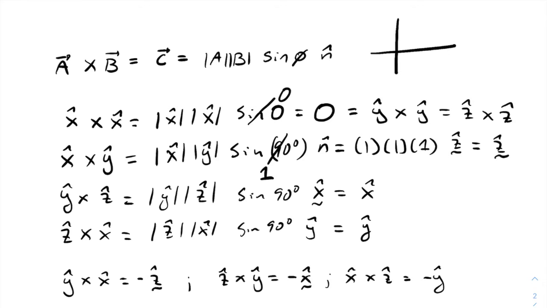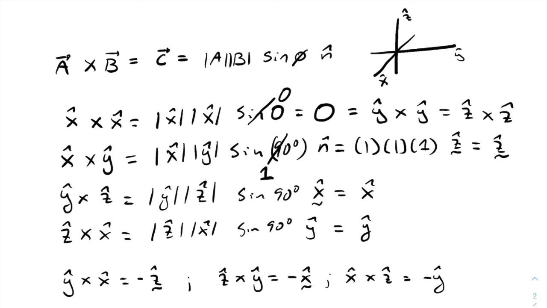Therefore, using the right-hand rule, if we have x, y, and z, and we point the index finger in the x direction and the middle finger in the direction of y, then our thumb points in the direction of z.